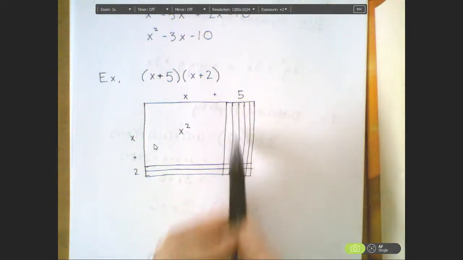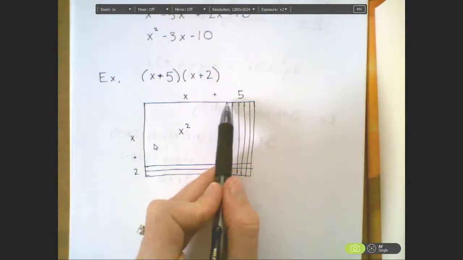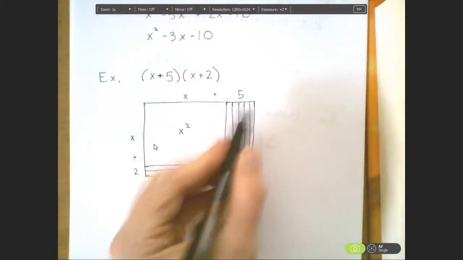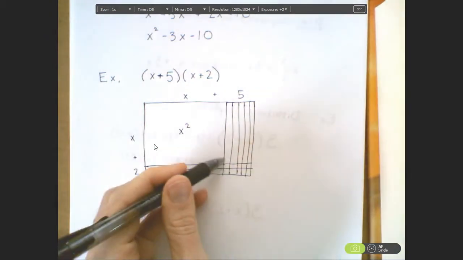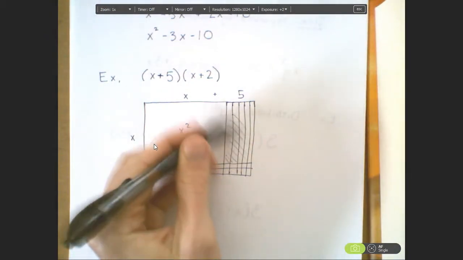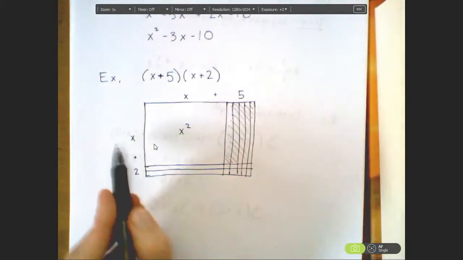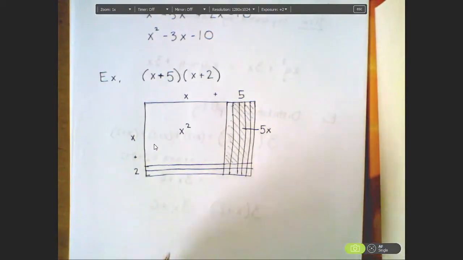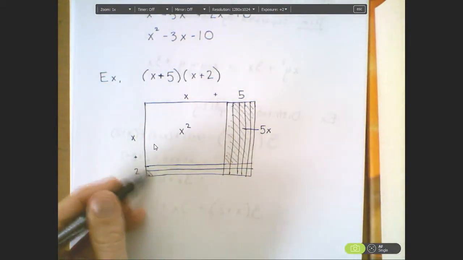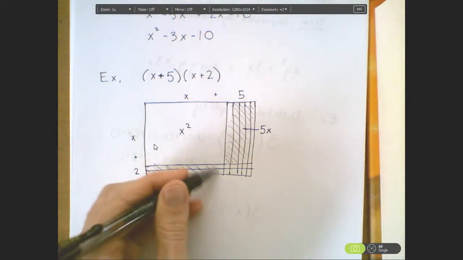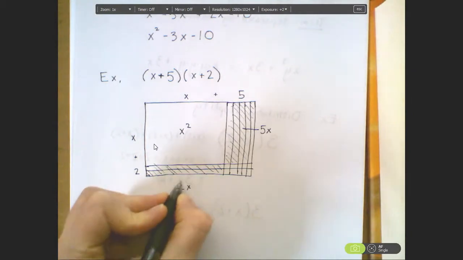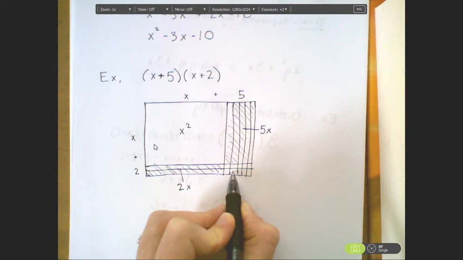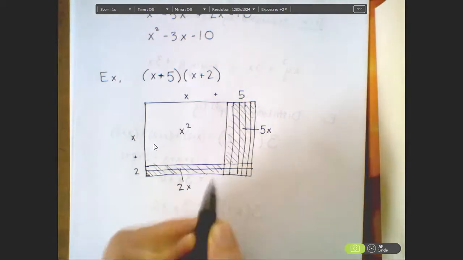Whereas these bars here, they're each x units in length, and there are 5 of them, which means that this shaded region is going to comprise 5 groups of x, or 5x. This shaded region down here is 2 groups of x, which we can write as 2x. And then this region here has just these 10 squares, and I can count them to get to 10 squares.